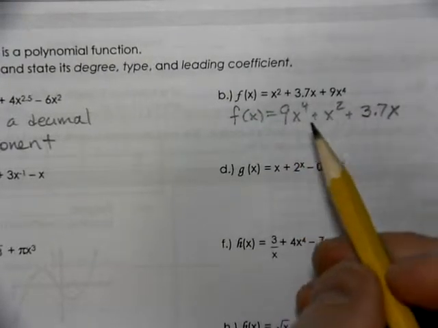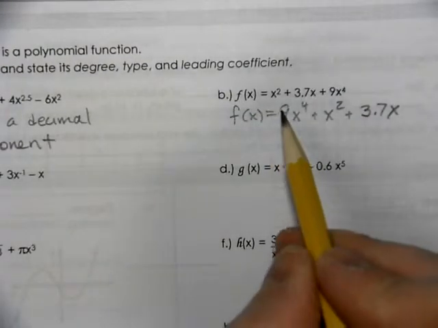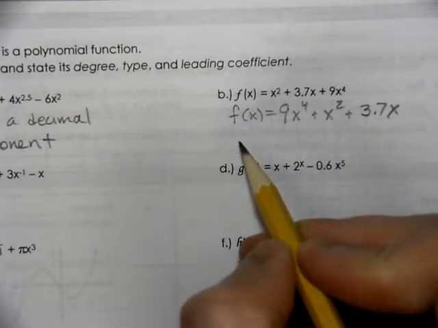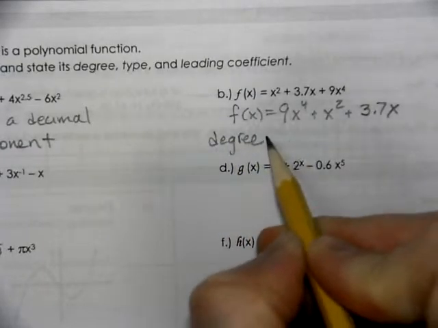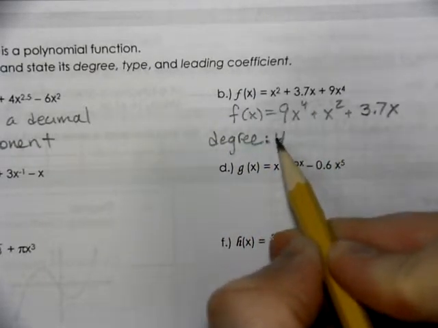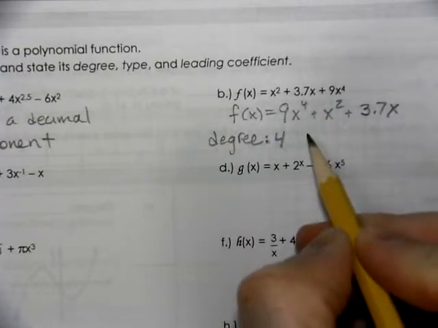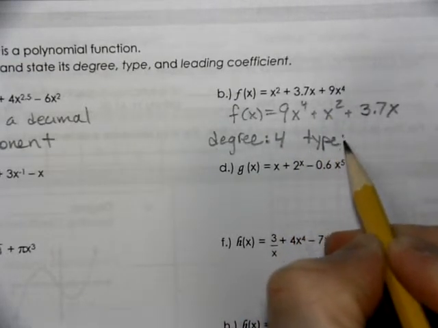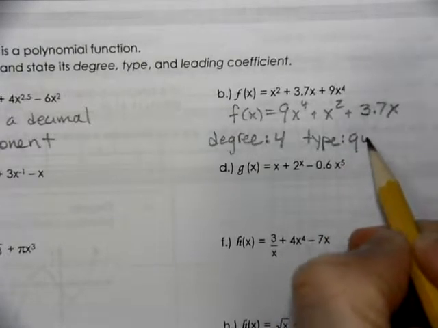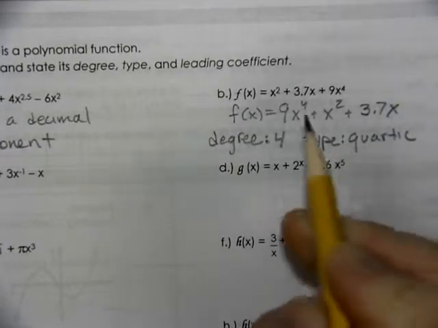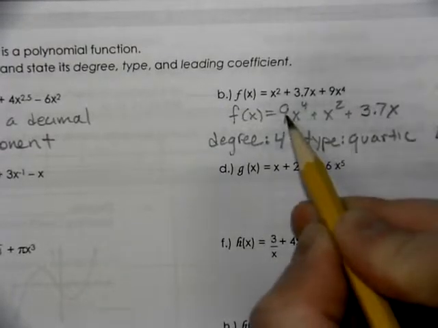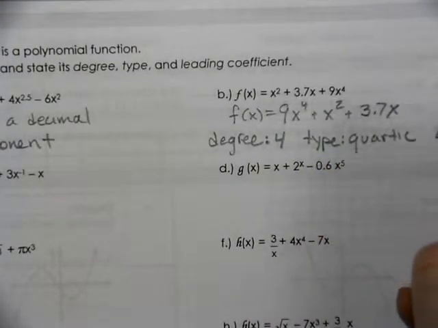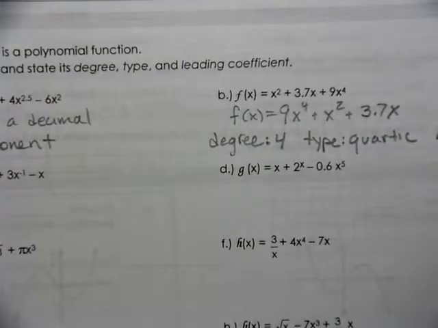So yes, this is a polynomial. The degree is 4. The type is quartic because it's to the 4th power. And the leading coefficient, of course, is 9. It's a positive 9.